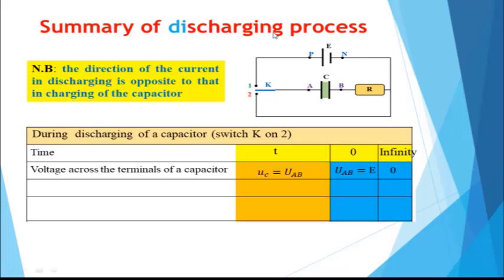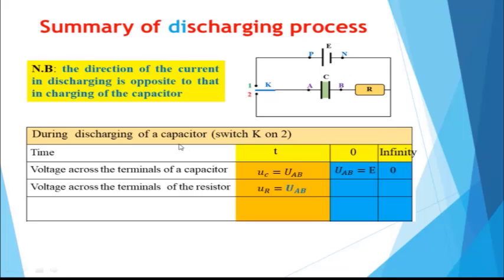First, the voltage across the terminals of the capacitor at any time is given by UC equal to UAB. At the beginning of the discharging process, the capacitor is fully charged, then its voltage is equal to E. At the end of the discharging process, the voltage of the capacitor is equal to 0.